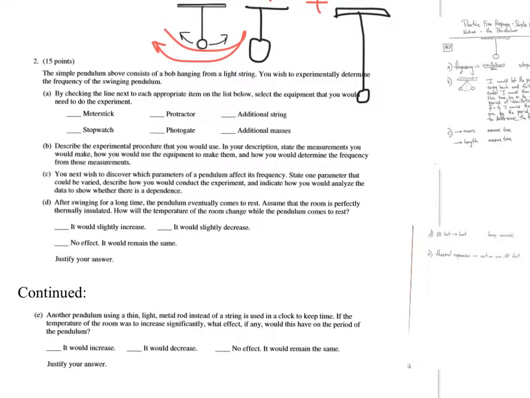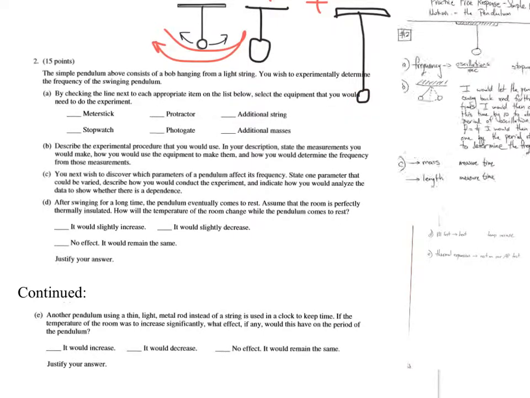So in this situation, assume the room is perfectly thermally insulated, no heat can escape. How will the temperature of the room change when the pendulum comes to rest? So it is very slight, but the temperature of the room would increase. The kinetic energy, okay, so potential, kinetic, potential, kinetic, potential, kinetic. So the mechanical energy of the pendulum goes from something to zero, and that energy is lost due to heat.